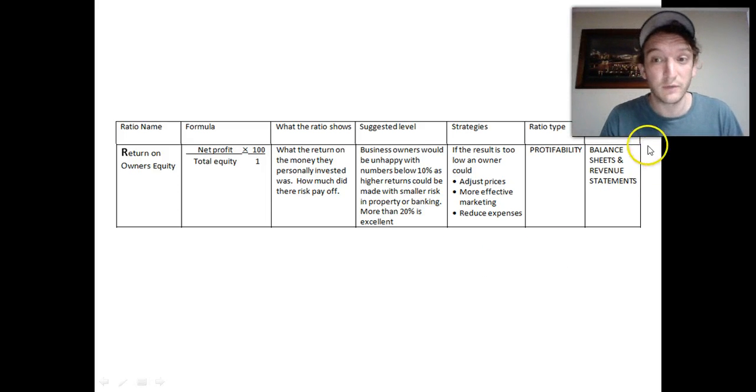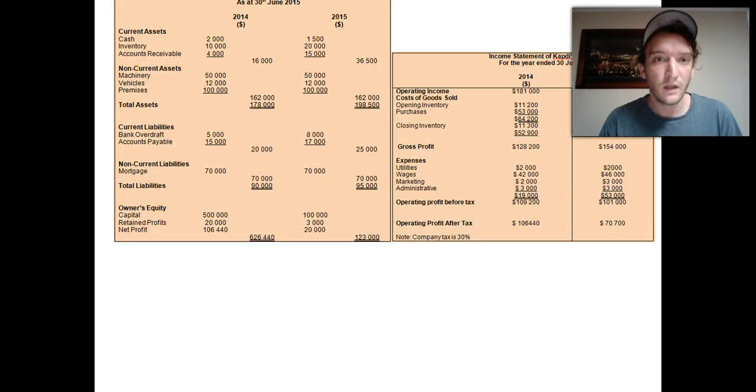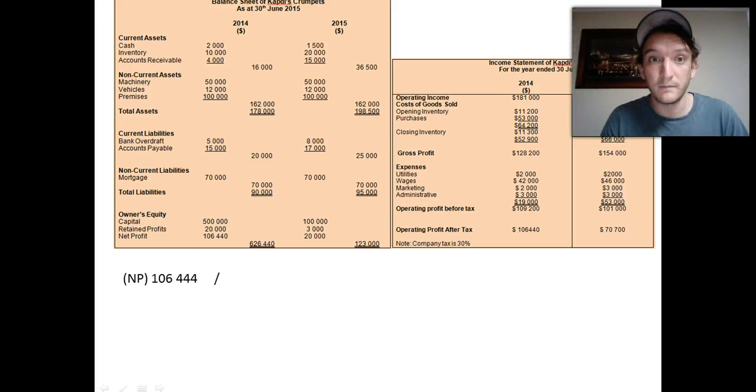The only tricky thing you need to really know here is that to calculate this, you're looking on the balance sheet for the owner's equity, and you need to look on the revenue statement for the net profit. So you're looking at the two different sheets simultaneously. Okay, so here are the two different sheets, and again we're using Capti's Crumpets.